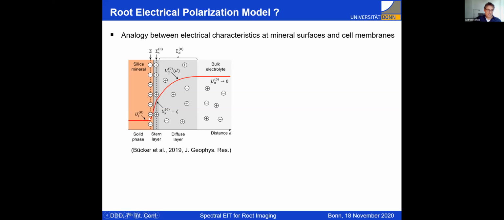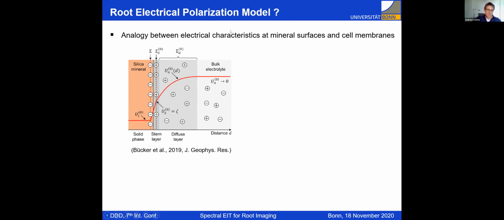You see here a scheme showing this double layer with some potential gradient, which results in equilibrium between electrostatic and diffusive fluxes, basically.